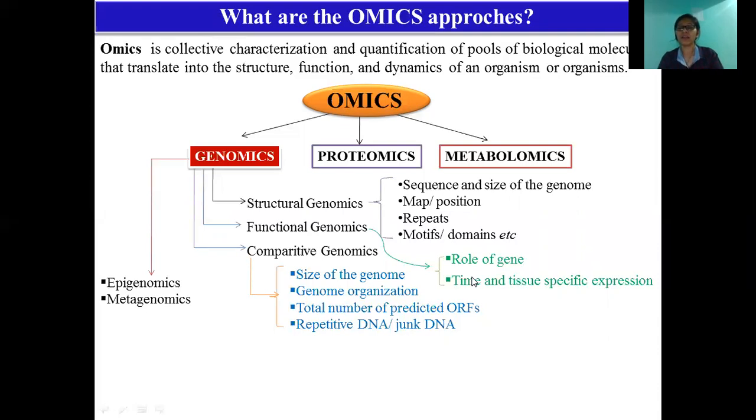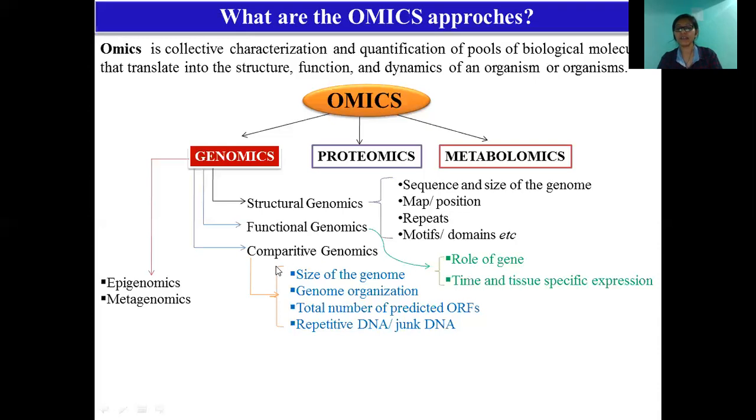But the transcript abundance, or the different types of mRNA synthesized in a particular tissue at a particular time, varies according to growth stages and growth conditions. That's why there is a necessity to study the transcriptome of an individual, and that comes under functional genomics.